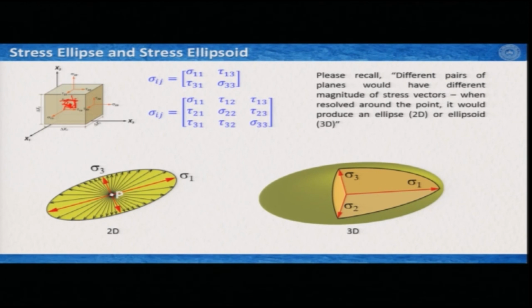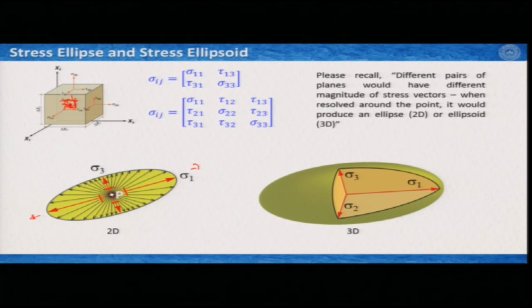So, if we look at this point P here in 2 dimension, for example, if I consider these 2 red arrows, around this we had this plane and this plane, and around the small red arrow we had this plane. So, here it is working on this side, here it is working on this side. Their lengths are equal, that means magnitudes are equal, but their action directions are different, and similarly here.